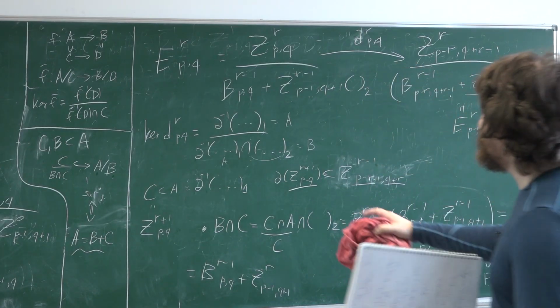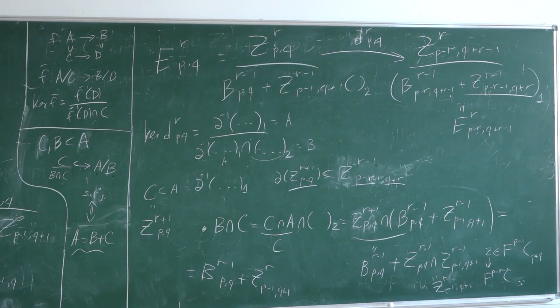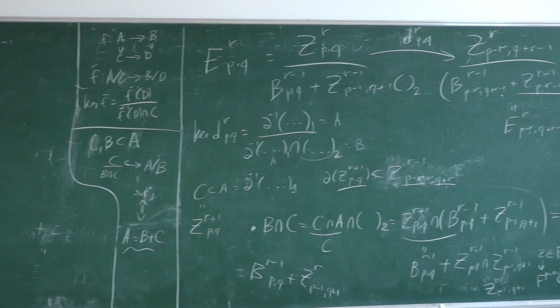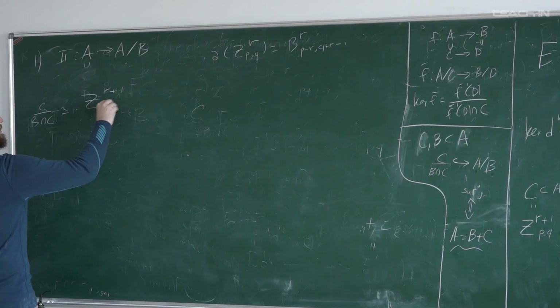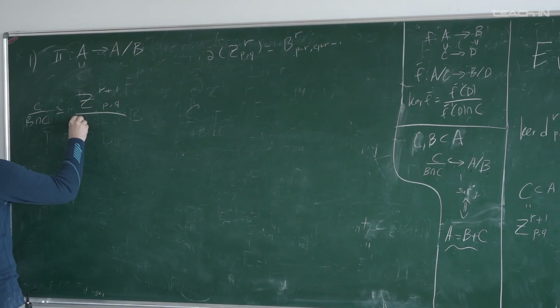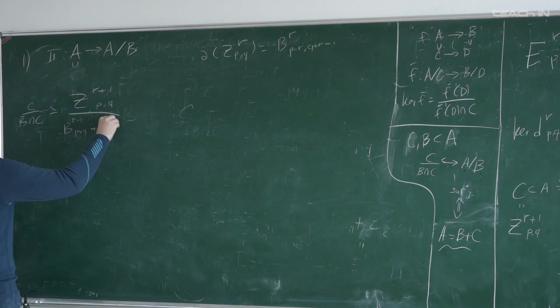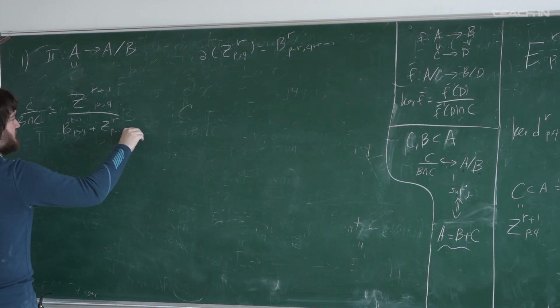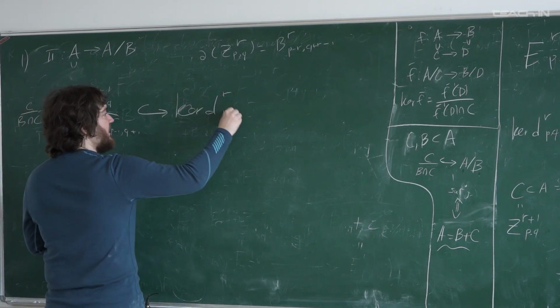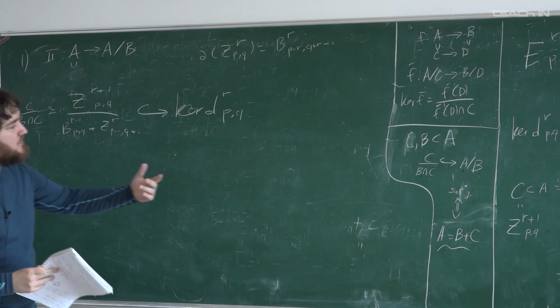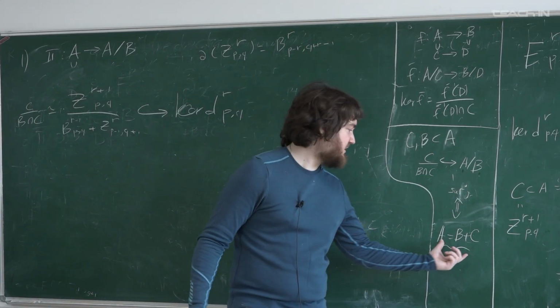This quotient, C modulo B intersect C, is just C_{R+1}^{P,Q} modulo B_{R-1}^{P,Q} plus Z_{R}^{P-1,Q+1}. It injects into my kernel, and I want this to be a surjection, so I want to check this property.